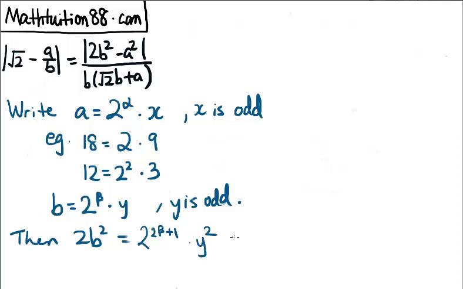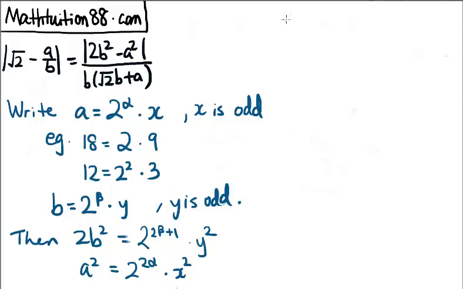We can work it out slowly and arrive at this conclusion. Because b is 2 to the power of beta times y, b squared is 2 to the power of 2 beta times y squared, multiplied by 2. That's how we get the plus 1 over here. And a squared is 2 to the power of 2 alpha times x squared.